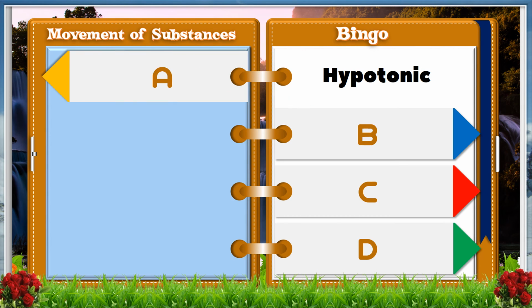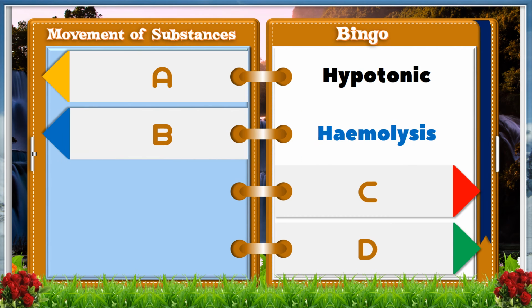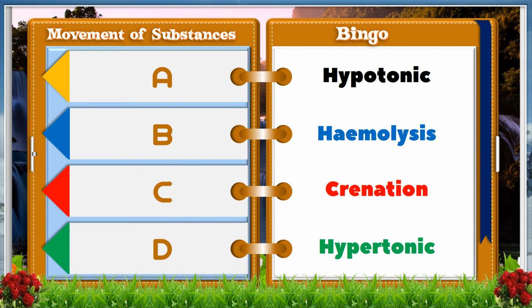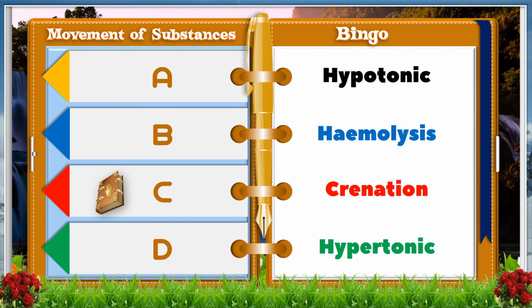A. Hypotonic. B. Haemolysis. C. Crenation. D. Hypertonic. And the answer is C. Crenation.